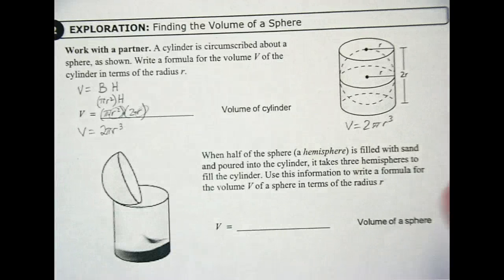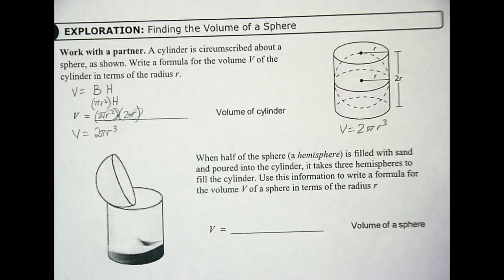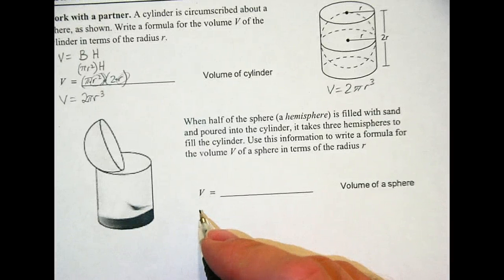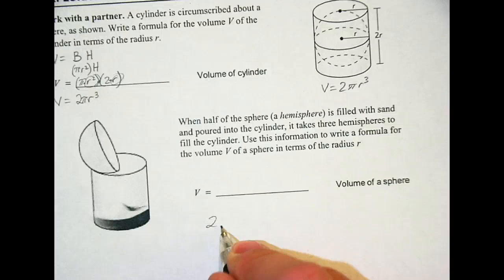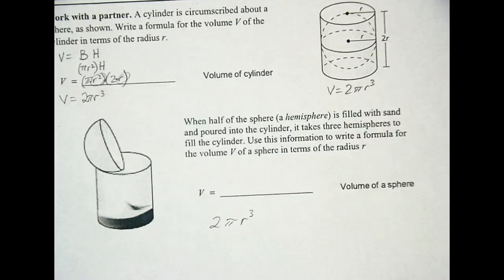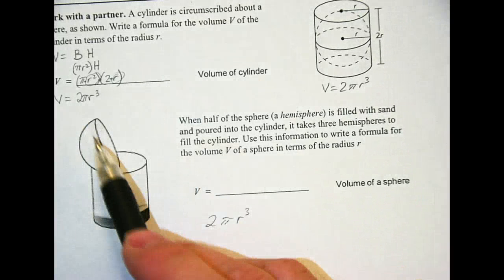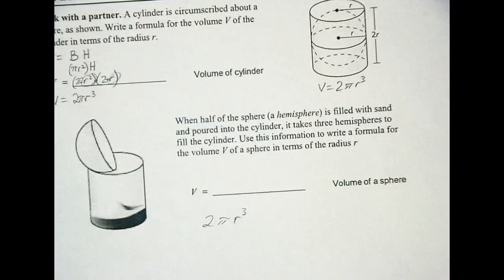Usually this is a discovery process, and this is an opportunity for you to figure that out. Rather than make you trudge through the math, let's say I have my 2 pi r cubed, the volume of my cylinder. How many of these does it take? It takes 3 half spheres.